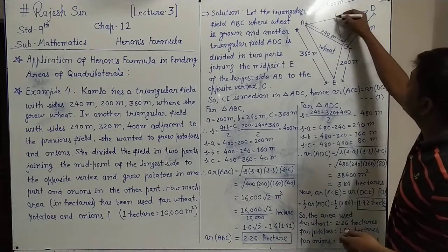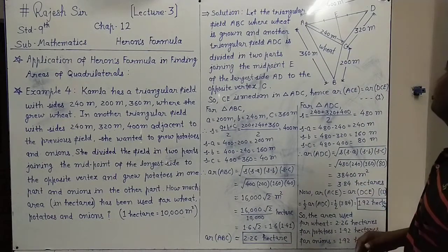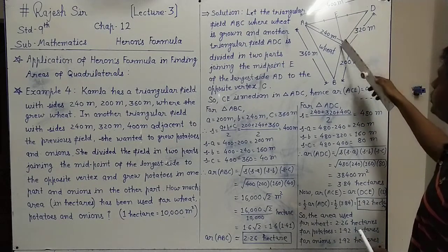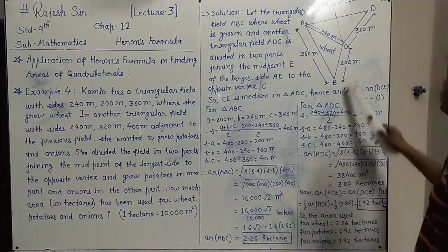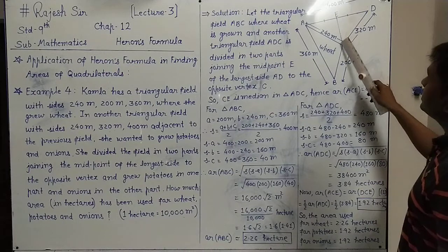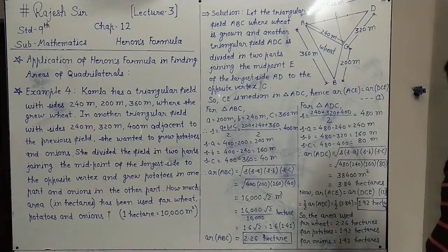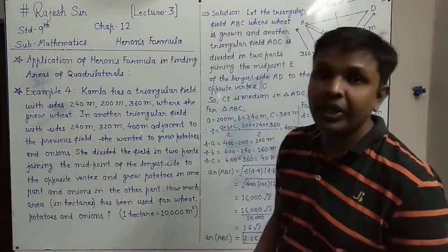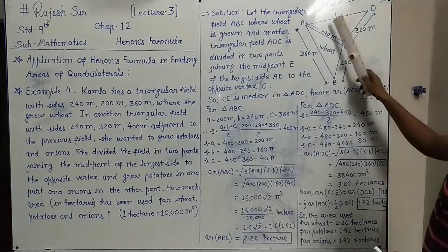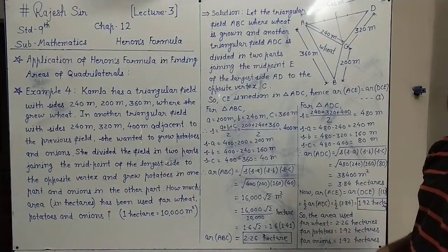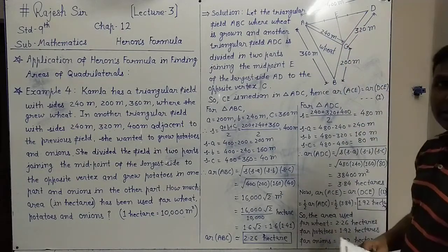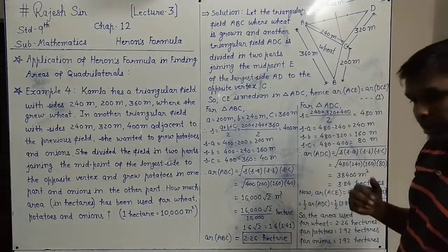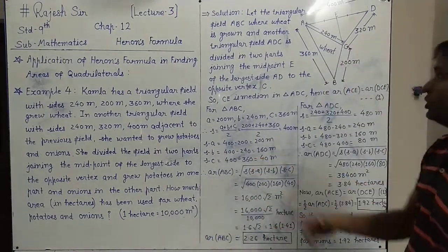So the midpoint of the longest side is E, and it is joined with the opposite vertex C. If we join this way and make CE, this CE will be the median of triangle ACD, and a median divides the triangle into equal areas. That theorem we have seen in the triangle chapter. So these two triangles have equal areas. So potato and onion will be grown in equal areas, each half of triangle ACD. That we have to understand from the figure and the given situation.